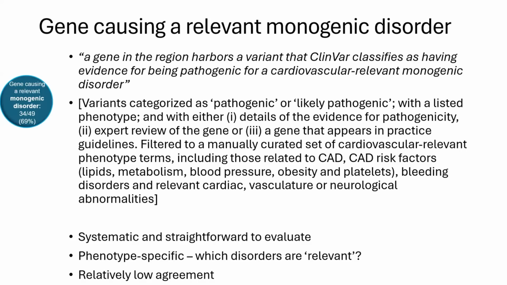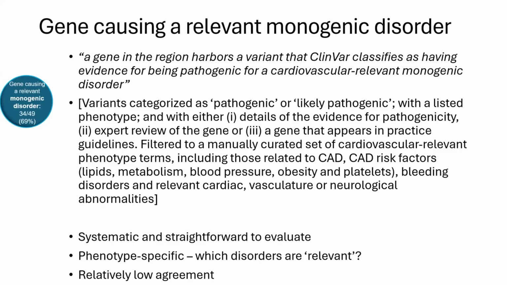Similarly for monogenic disorders, I said there's a rare disease here that's relevant. The key here is what's relevant, particularly for cardiovascular. There were a lot of different diseases that we had, and we had a lot of debate about including or excluding certain diseases. I think this will be one of the things you can do well with a single phenotype.